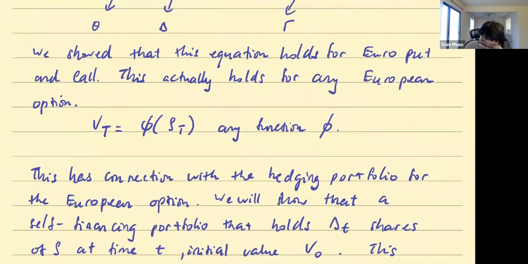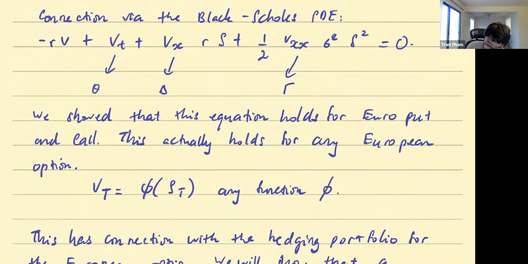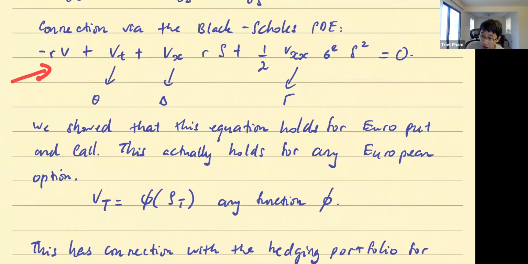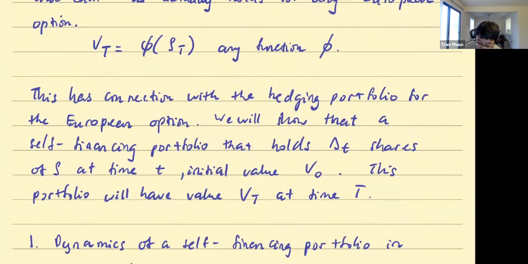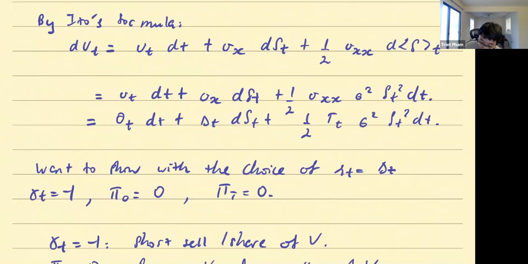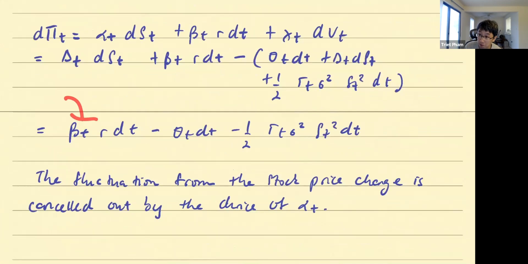I haven't shown you the Black-Scholes PDE yet, but the Black-Scholes PDE is this. And so after we unfold what the beta term is, and we plug in the Black-Scholes PDE, you will see that this term also cancels out, okay? So now the point is, if you choose alpha t to be the delta of the option, then the fluctuation from the stock price cancels out.